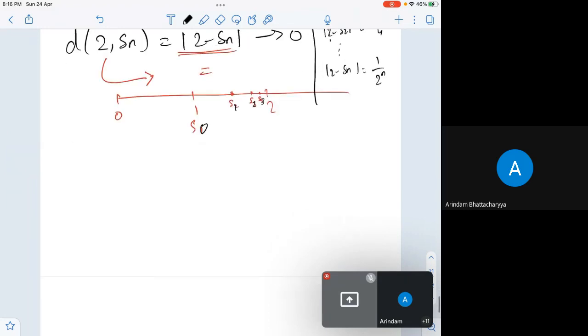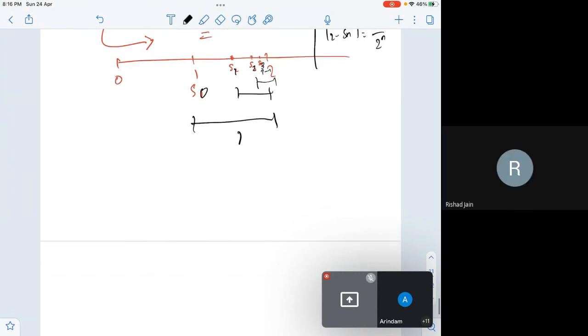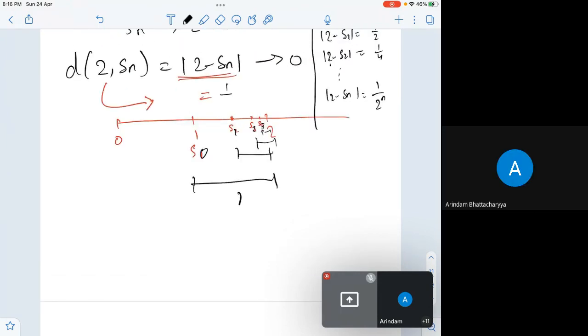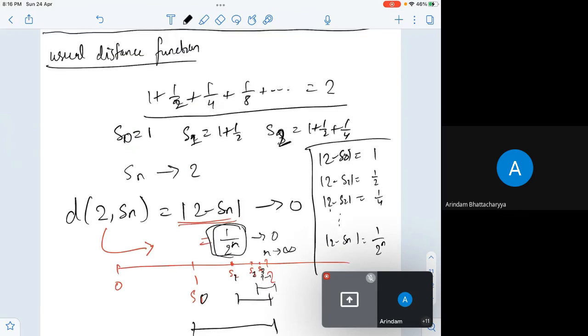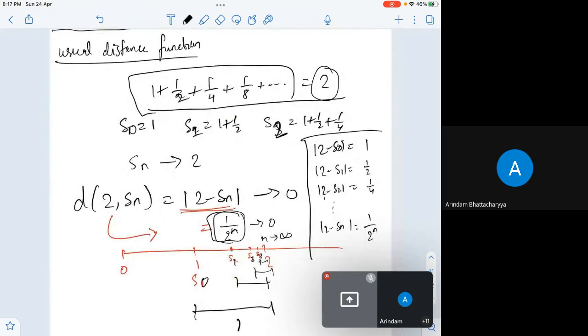The distance was 1, then it halved, then it halved again, like the general term of a GP. So the distance between 2 and Sn is 1 by 2 to the n, and this definitely goes to 0 as n goes to infinity. So we say that this infinite sum is equal to 2. Is this clear? Yes.